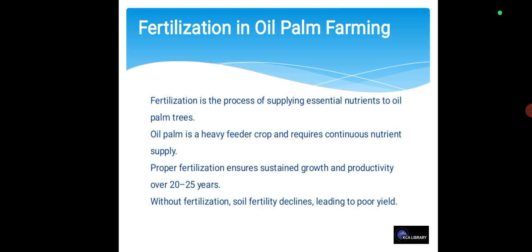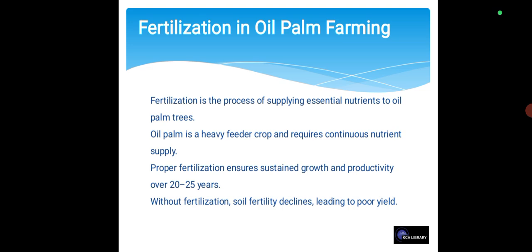What this means is that it continuously absorbs large quantity of nutrient from the soil throughout its productive life cycle, which like I mentioned previously, may span over 20 to 25 years. Therefore, without proper and consistent fertilization, soil fertility declines over time, leading to reduced yield. It can lead to poor plant health and even economic losses.